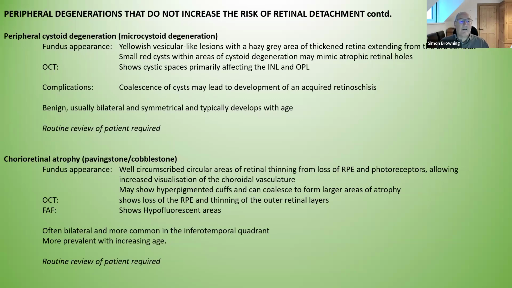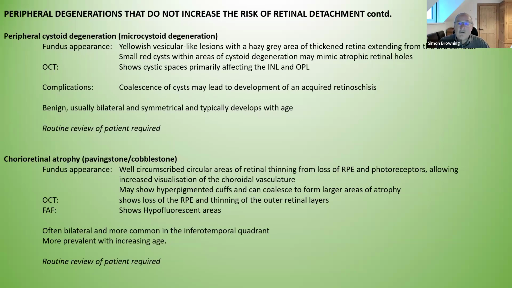And then chorioretinal atrophy, paving stone or cobblestone degeneration. We've all seen these. We talk about window defects, and really the definition of whether it's cobblestone or paving stone is purely a size thing. These are well circumscribed circular areas of retinal thinning, and it's a loss of the retinal pigment epithelium and the photoreceptors inside those.